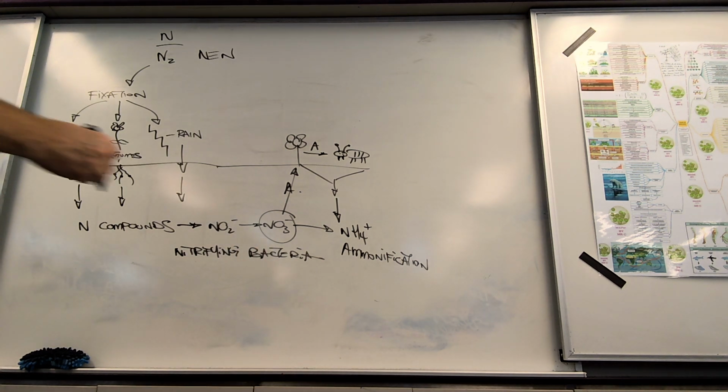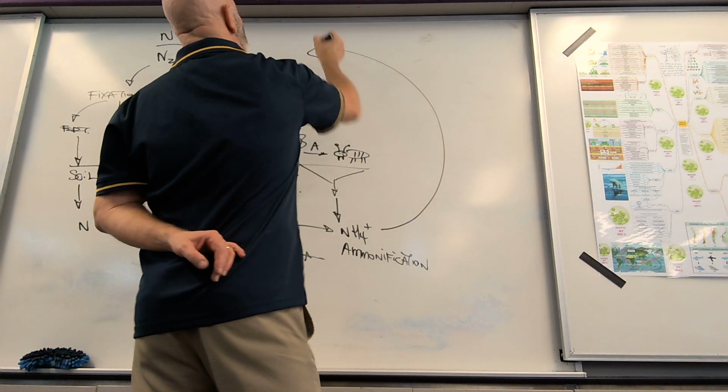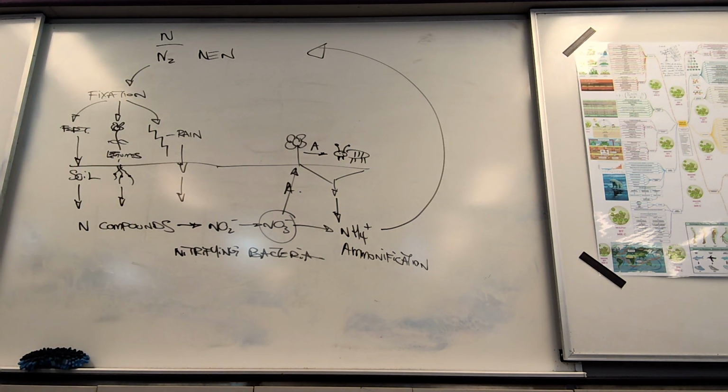Okay? Now, to complete the cycle, we need to return it to the atmosphere. That's also done by a bacterium. What do we call that process? Cellular respiration. No. Good try.